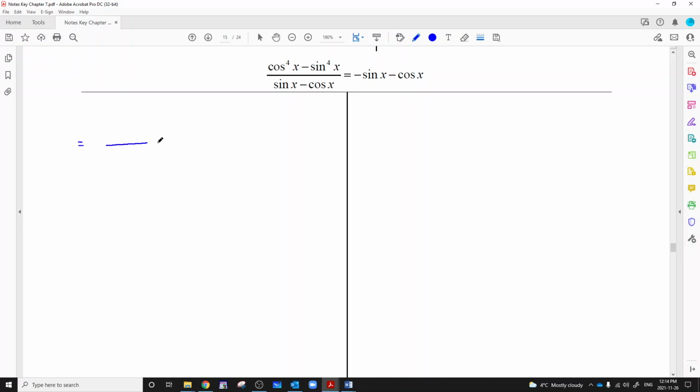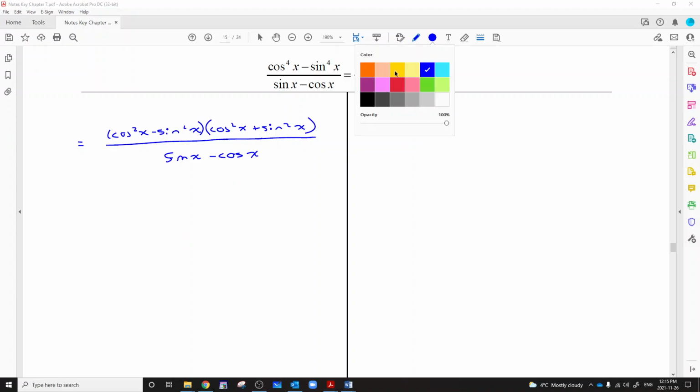Okay, so in my numerator, I have a difference of squares. So I'm going to factor this as cos squared x minus sine squared x times cos squared x plus sine squared x all over sine x minus cos x. All right, I said ooh because I saw a glaring identity.